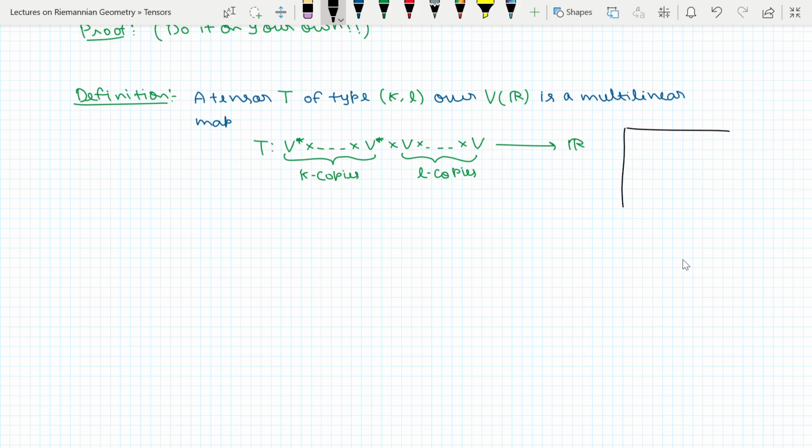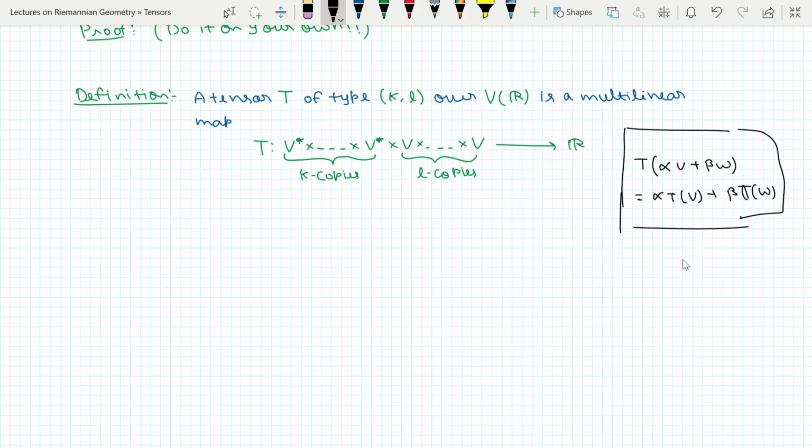Just like in the case of a linear transformation, what did linearity mean? Linearity meant something like T of alpha v plus beta w equals alpha T of v plus beta T of w. So this is the meaning of linearity in the case of a single variable.